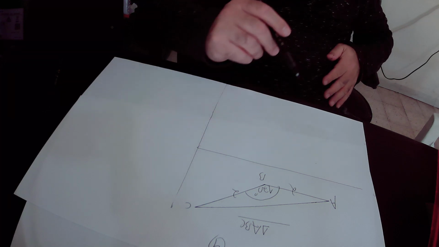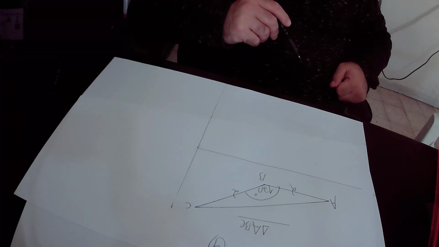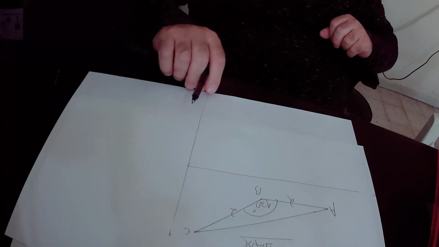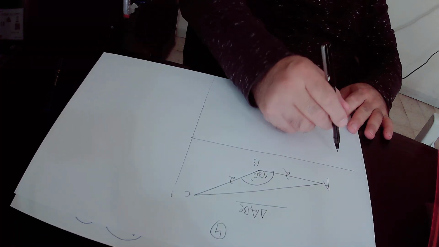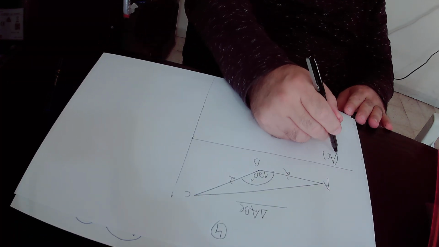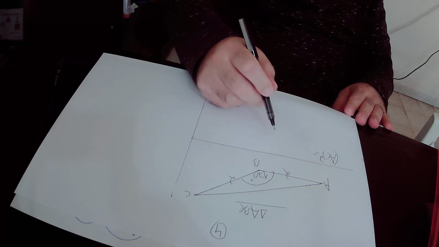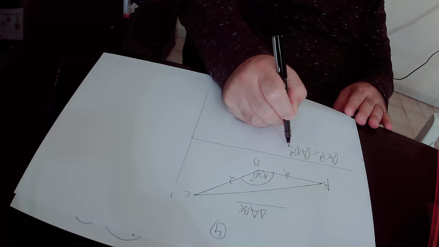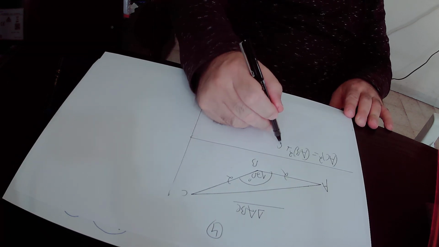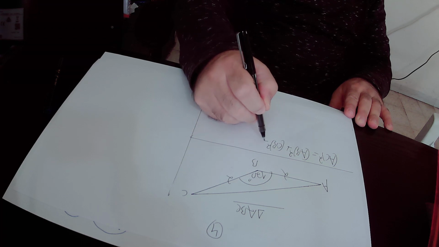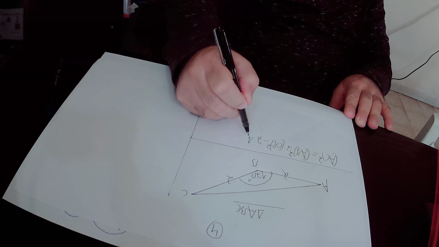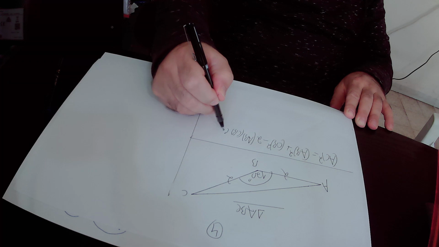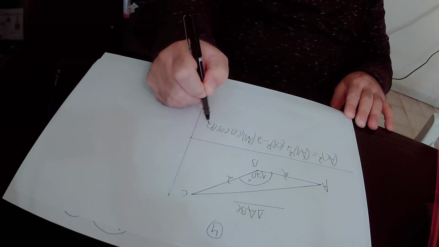So we'll implement in this triangle ABC the law of cosines in order to find out the length of side AC. So according to the law of cosines, we get that AC squared equals AB squared plus CB squared minus 2 times AB times CB times cosine 120 degrees.